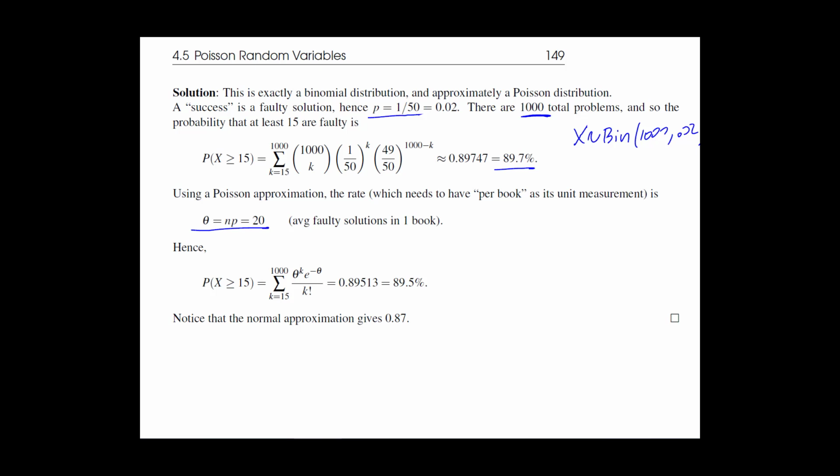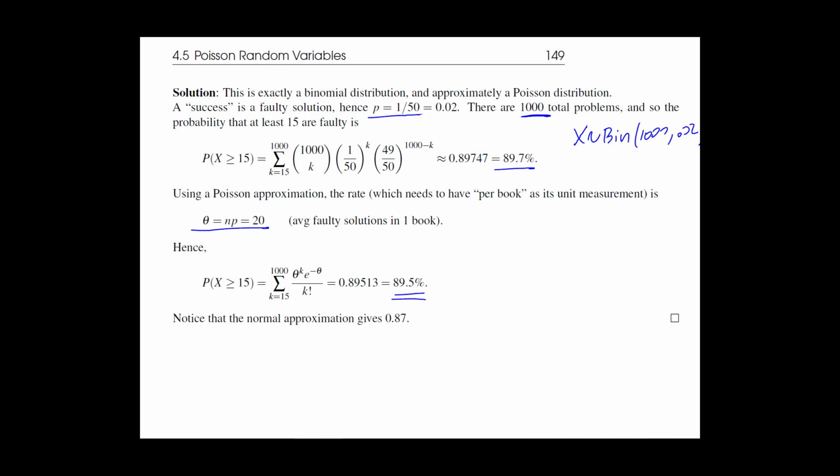Which is the expected value of the number of mistakes. All right, so in this case, we also have a big summation, right, from 15 to infinity of this formula, and again, using numerical calculations, we obtain a pretty good approximation, right?